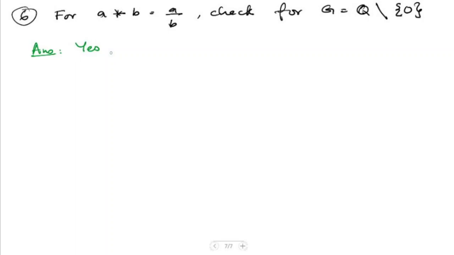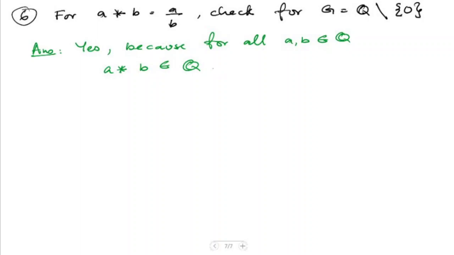So here we can say yes, because for all a, b an element of rational numbers, a star b is an element of rational numbers.